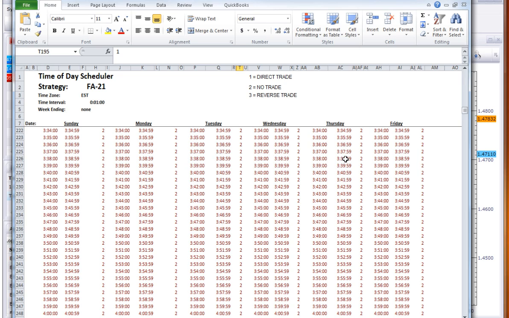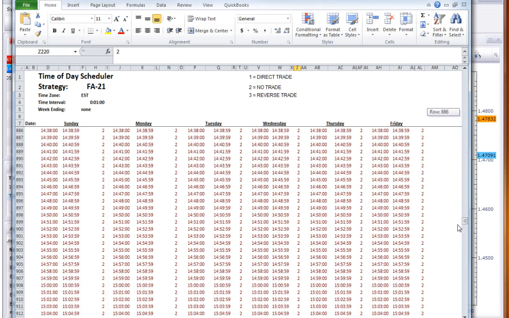We're going to look at Wednesday scheduler file, and we see here that there are 1s here, and you can see there are 2s, and there are also, we'll take a look at it. There aren't many 3s, but there are some 3s in this particular. You can see right here there are some 3s.